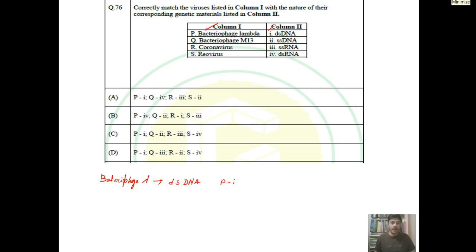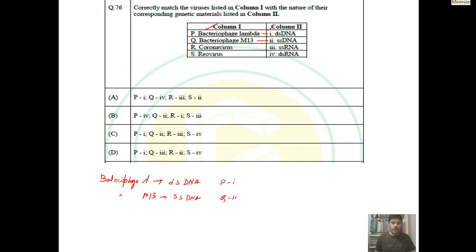Then if we see the bacteriophage M13, which is a filamentous phage and which is widely used in cloning and phage display, the genetic material it possesses is a single-stranded DNA. So Q matches with 2. So P matches with 1, Q matches with 2.